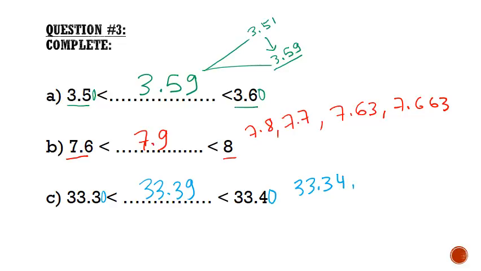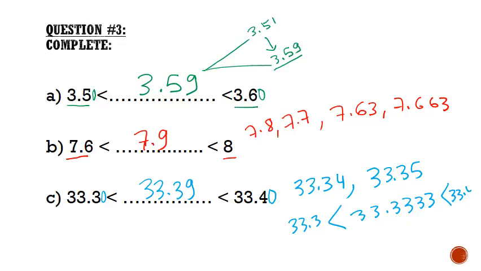Yes. Who can give me another decimal number? Yes, Rida. 33.35. Yes. Can I put 33.3333? Yes, of course I can, because it is still between 33.3 and 33.4.